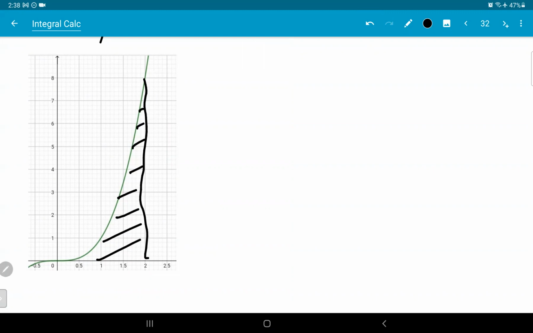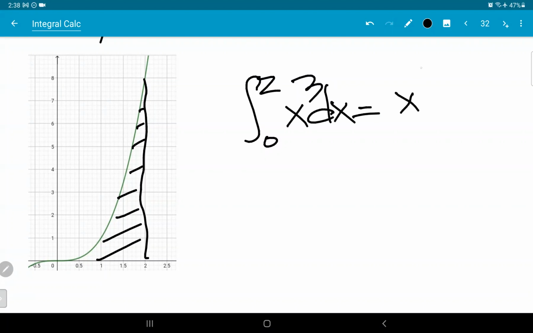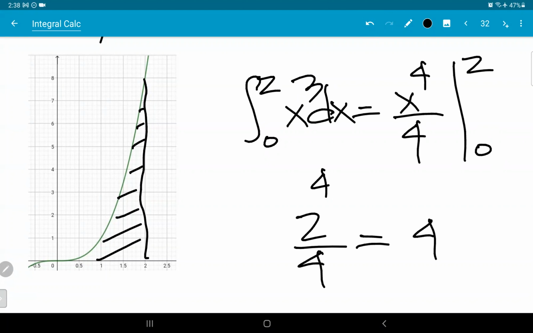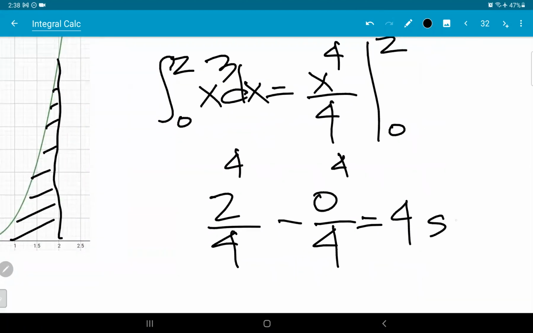So by the fundamental theorem of calculus, the integral from 0 to 2 of the antiderivative, x to the 4 over 4, from 0 to 2. Not always 0 below, by the way, right? 2 to the 4 minus 0.